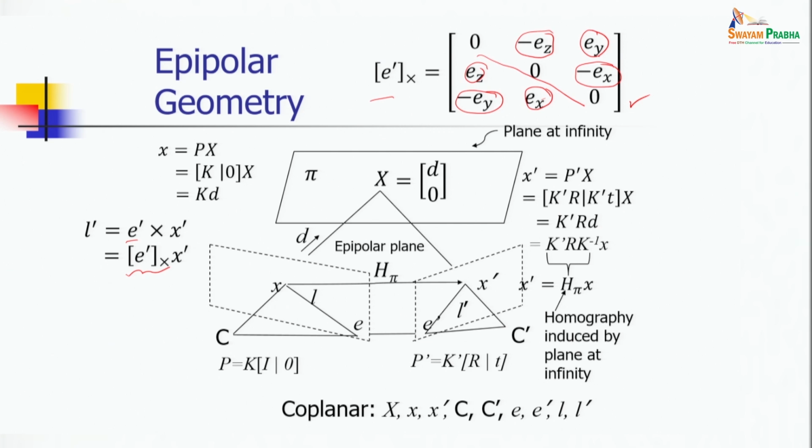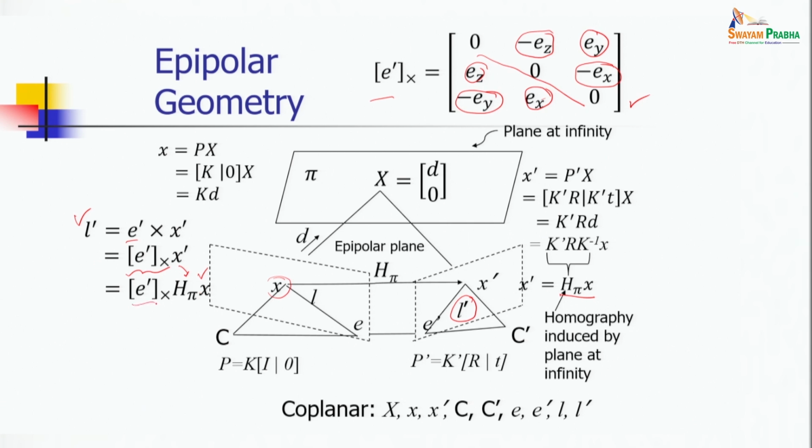Now let me once again proceed further. So this x prime can be written as h pi x because of this homography. So I can find that L prime and x, this epipolar line and the image point for which the corresponding point will lie on the line, are related.